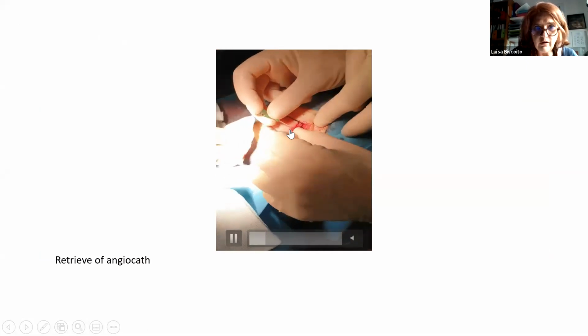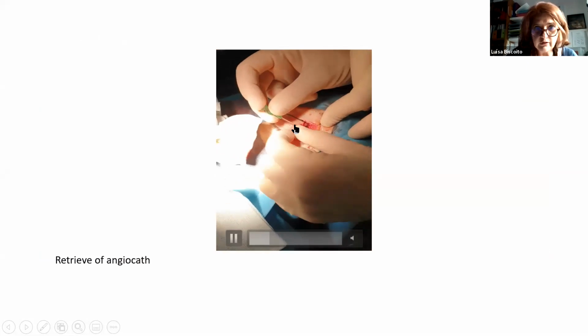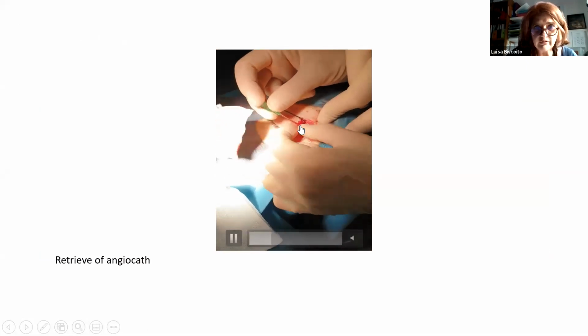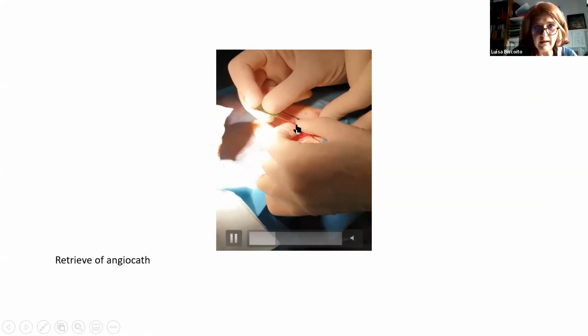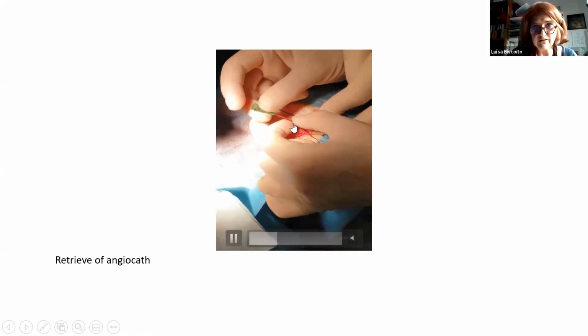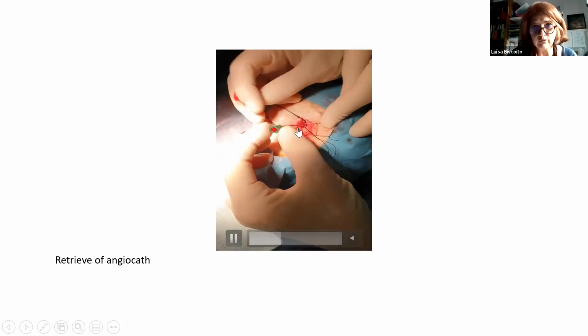To take off, I was trying to take off the Abocat. You see, it was fixed. It was very, very well stabilized in the vein, and actually, because it's plastic, it was fixed to the wall of the vein. Of course, I did try to twist a little bit.